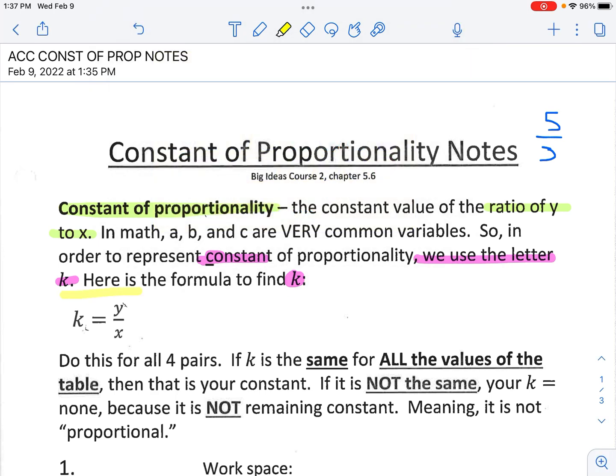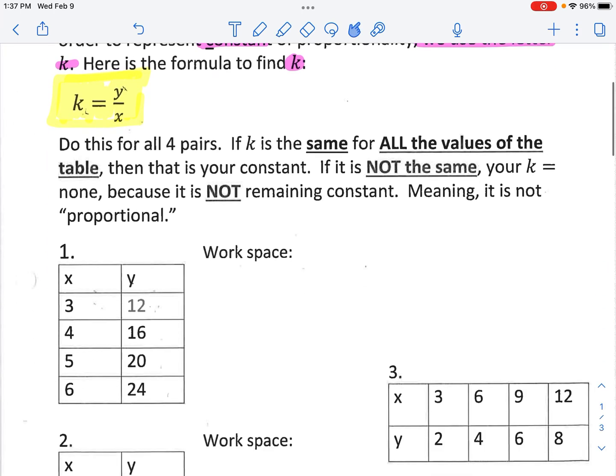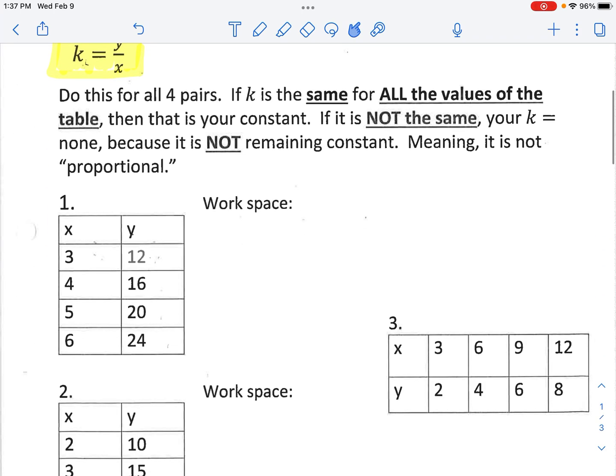If you look right here, this is the formula that we're going to use to calculate the constant of proportionality. The constant is equal to the ratio of y to x. So what we're going to do is take a look at our table and calculate the ratio of y to x.